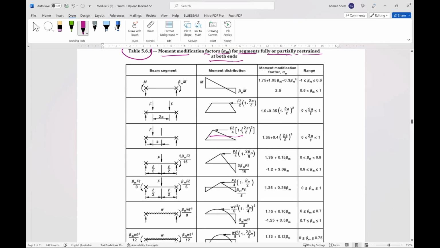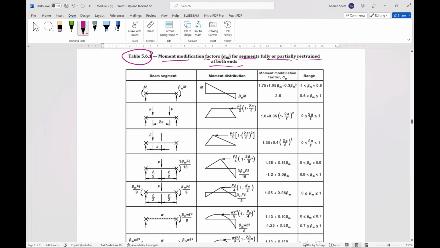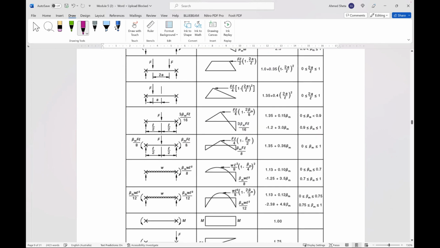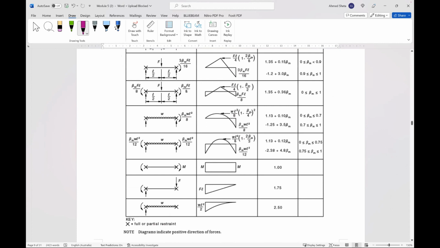These are some few cases for this. So these are the beam segments, different types, like 2 end moments, 2 concentrated loads, 1 concentrated load, 1 concentrated load and moment, like uniform load with end moment, uniform load with 2 end moments, and here is cantilever, and here is cantilever with concentrated load, cantilever with a uniform load.